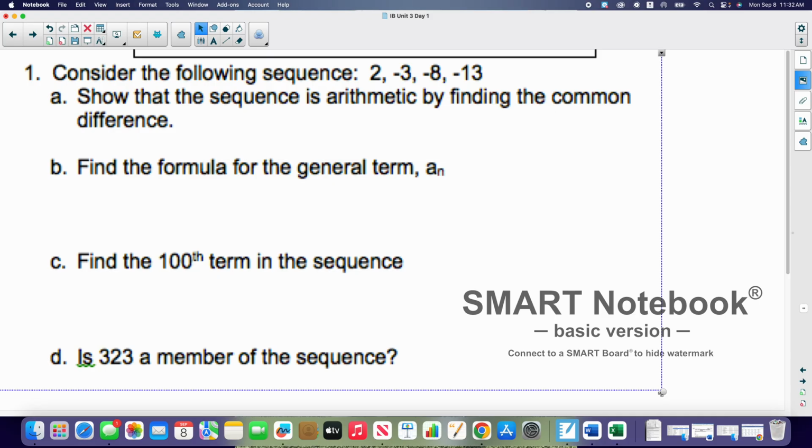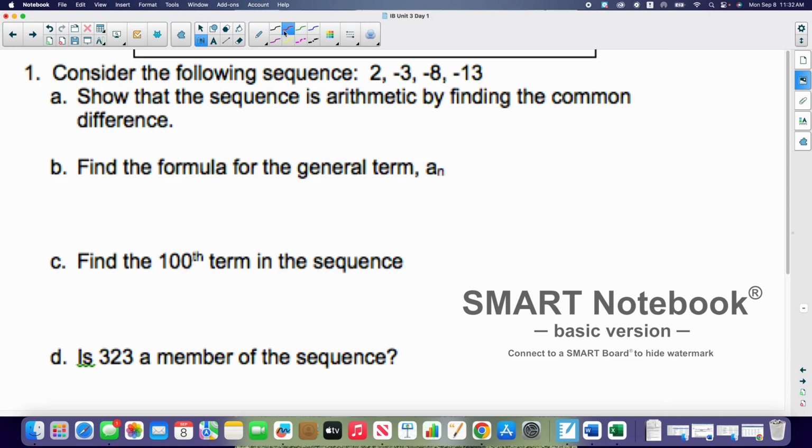Now, if I ask this question right here, what is the common difference? You would say -5, okay? Now, the only thing different about this is it says show that. It doesn't tell me that it's arithmetic, correct? It's telling me to show that it's arithmetic. So I need to do a little bit of proof.